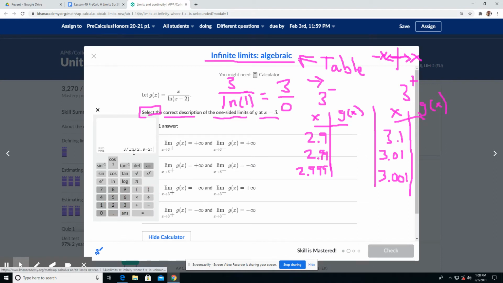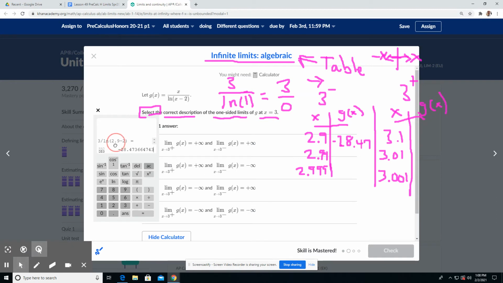This calculator doesn't like it if you don't end parenthesis. And I got negative 28.47. Then you have to do that for each one.